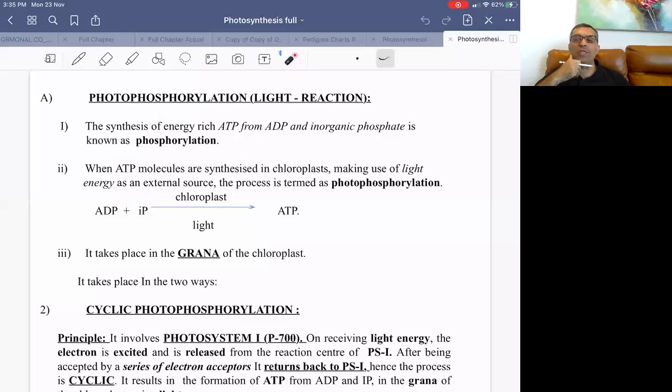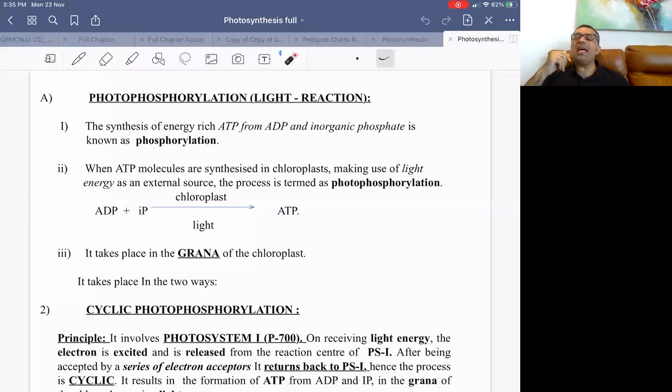Nice. So we have analyzed everything about photosystems, and now we go into the actual process of light reaction, cyclic and non-cyclic photophosphorylations. If you remember, we just talked about it. In cyclic photophosphorylation, we will use PS1, P700.